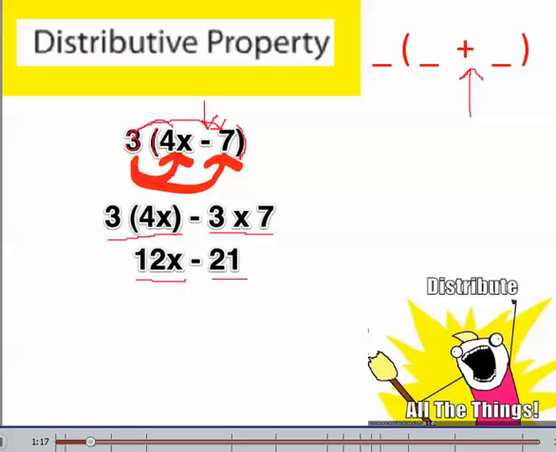So what the distributive property tells us is that if we have something on the outside that needs to be multiplied, then it needs to be multiplied by both things inside. This is our final simplified answer to this problem. I hope you know that we cannot combine these two terms, and I hope you know why.